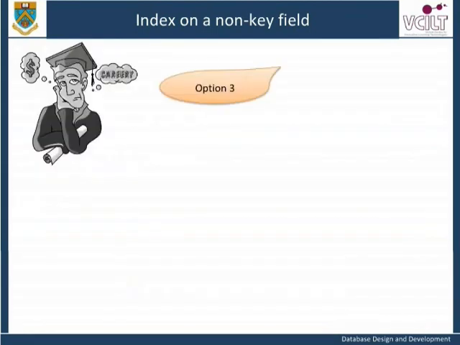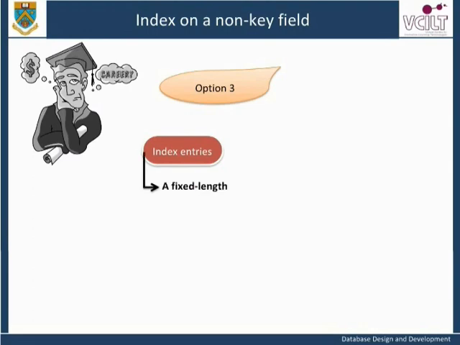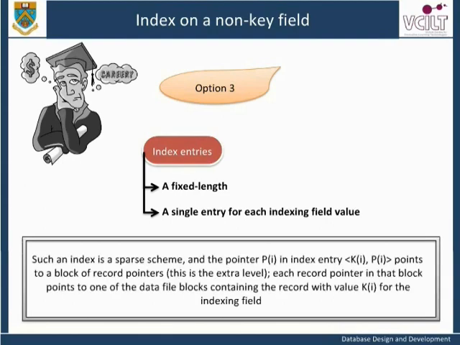Option 3: this is the most commonly adopted approach. In this option, we keep the index entries themselves at a fixed length and have a single entry for each indexing field value. Additionally, an extra level of indirection is created to handle the multiple pointers. Such an index is a sparse scheme, and the pointer P_i in index entry <K_i, P_i> points to a block of record pointers.